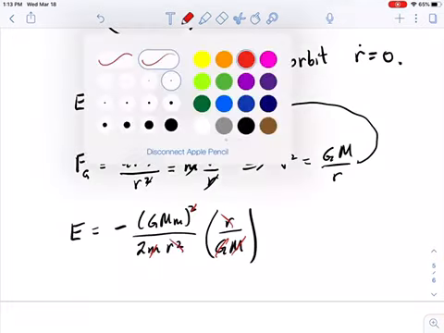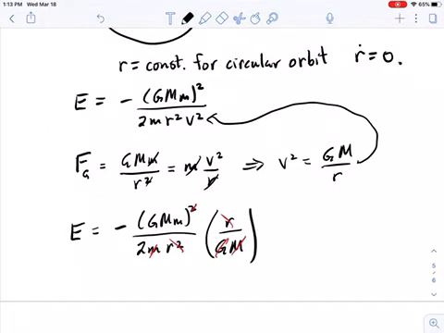And what we end up with for our mechanical energy is just equal to minus, there's a 1/2, and what's left over is G M m over r.